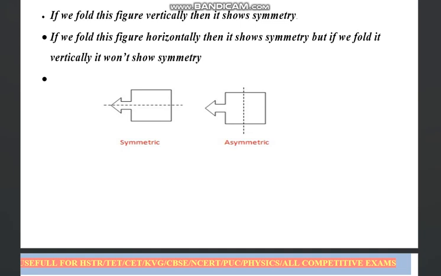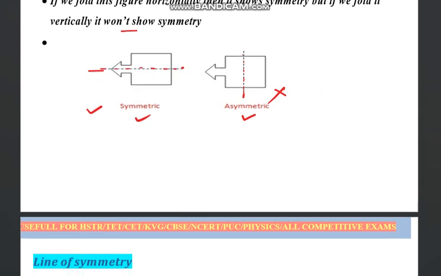If we fold this figure horizontally, then it shows symmetry. But if we fold it vertically, it won't show symmetry. See here. In the previous example, we have taken a vertical line. Here, the horizontal line is a line of symmetry, but the vertical line will not give a line of symmetry. Hence, if a line is drawn like this, then it is an asymmetric figure. If a line is drawn like this horizontally, this is a symmetric figure.